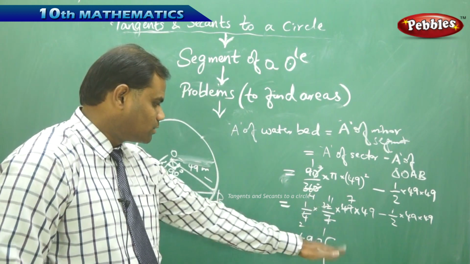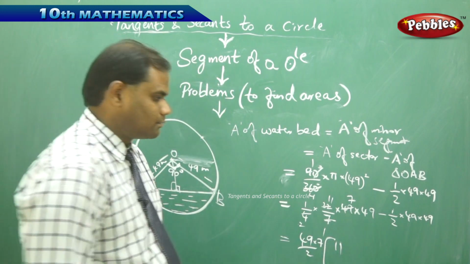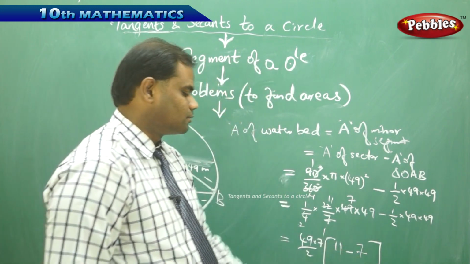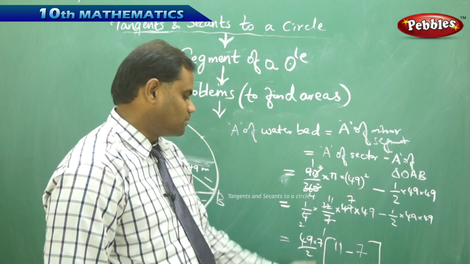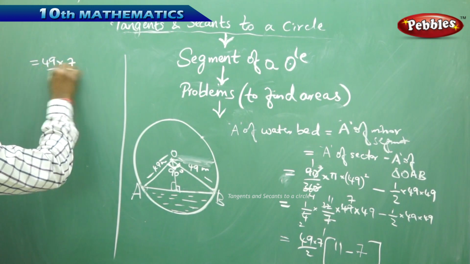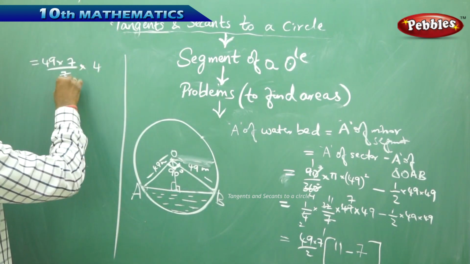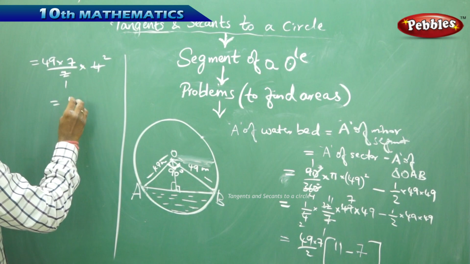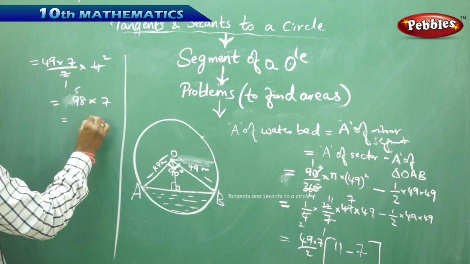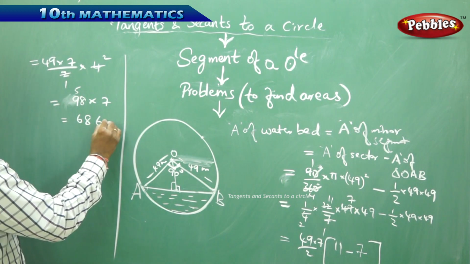So 7 times 49 by 2 is out, I have 11 inside, and 7 remaining inside. Simplifying further, I get 49 times 7 over 2 times 11 minus 7, which is 4. On cancellation this gives 49 times 2, which is 98 times 7, which is 686 meters square.